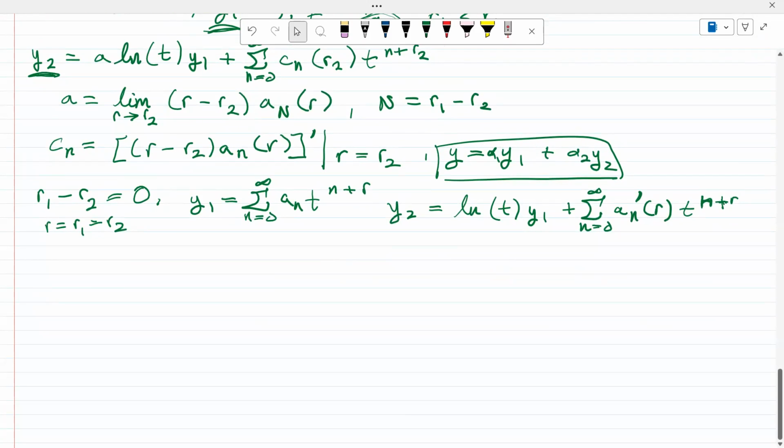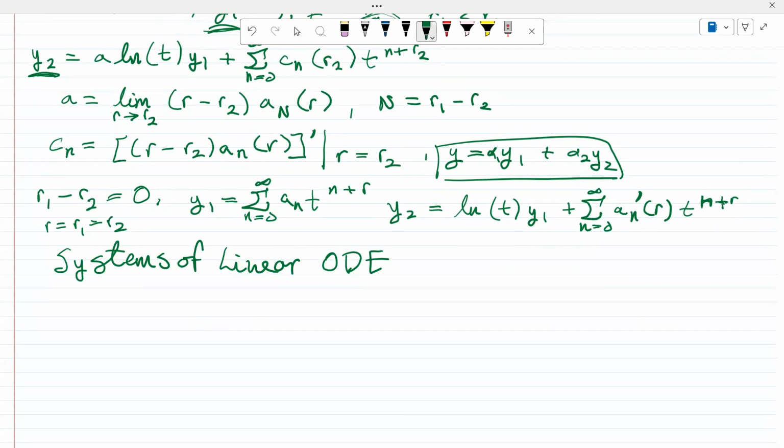But moving on to the very last thing, we have systems of linear ordinary differential equations.